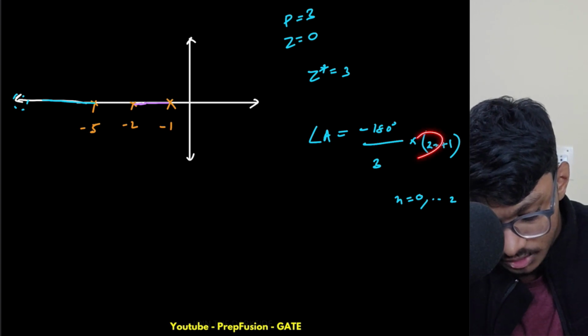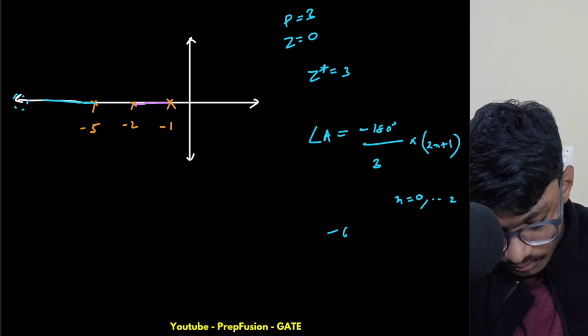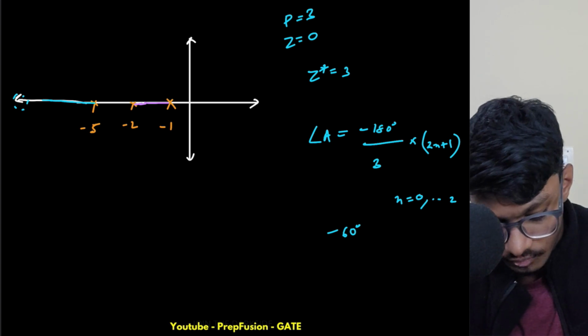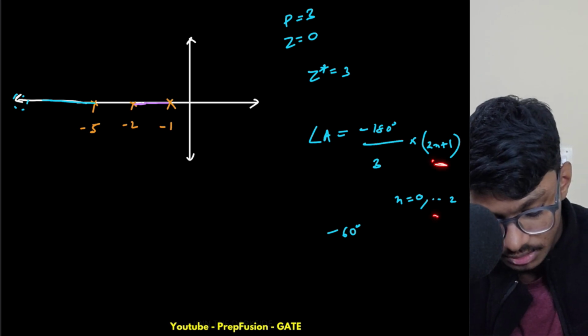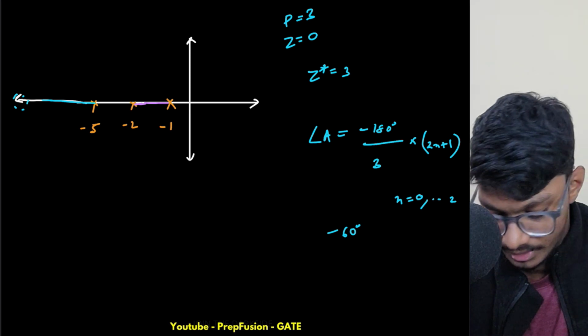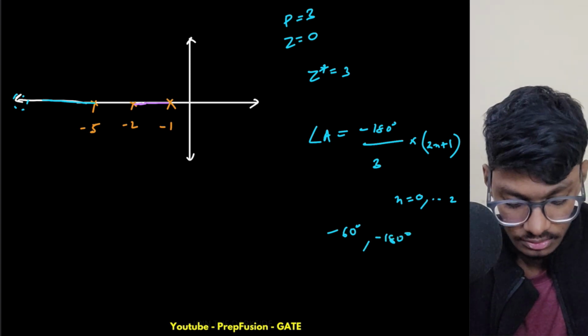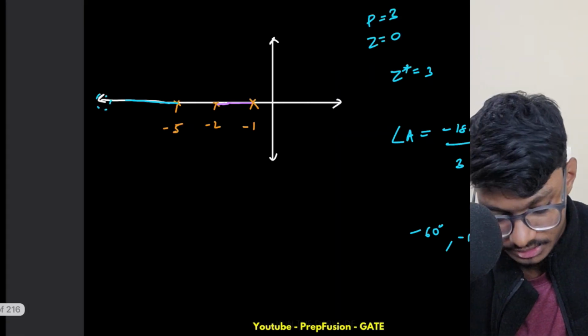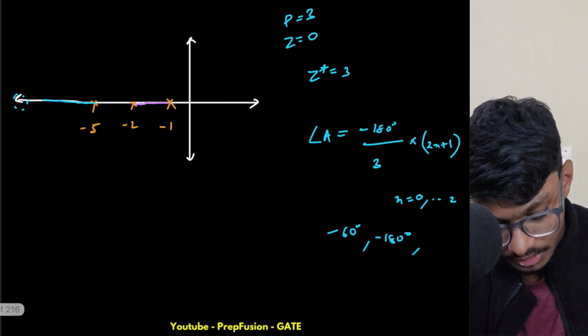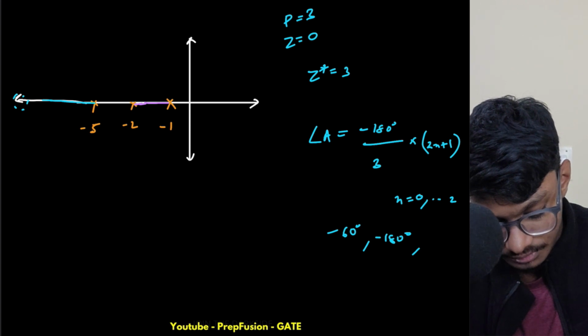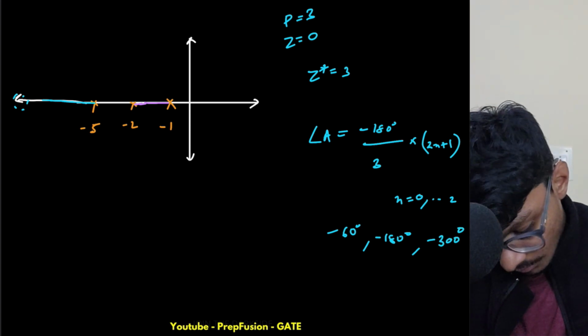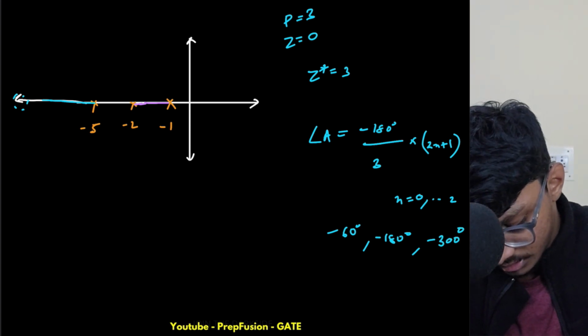So for n equals to 0 it is minus 60. Then for n equals to 1 it is minus 60 into 3, minus 180, and for n equals to 2 it is 5 into 60, which is minus 300 degrees.